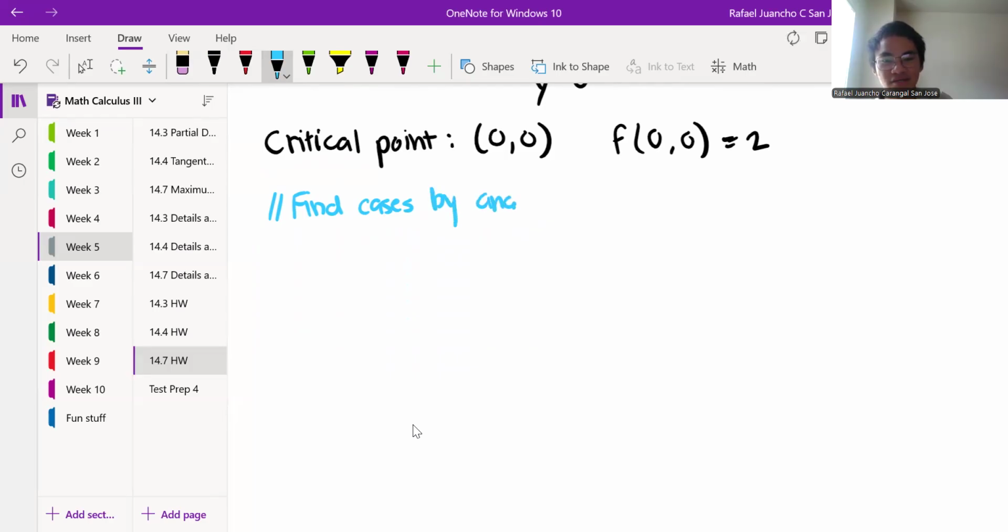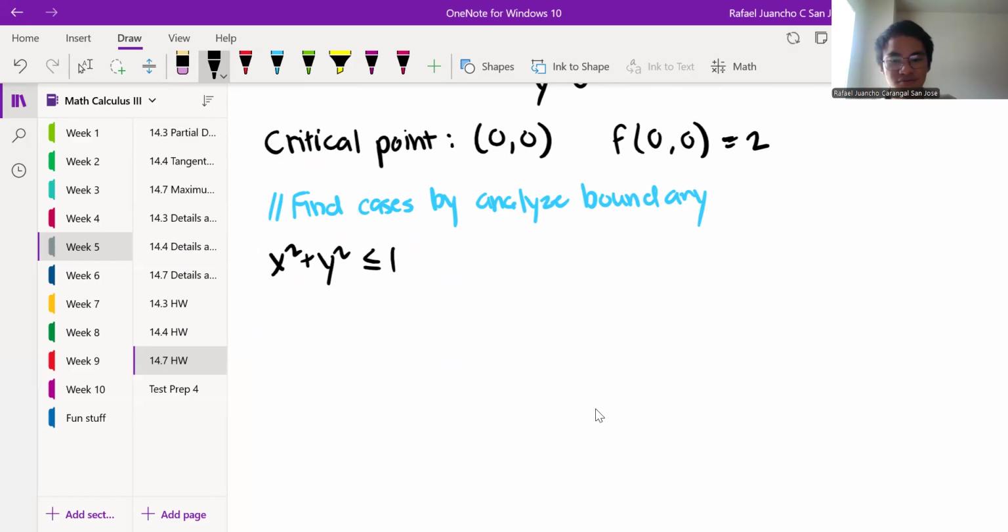Here, we're going to analyze the boundary, right? So the boundary is that x squared plus y squared is less than or equal to 1. Now, to analyze this, let's maybe look at the case where it's equal first, right? So if we look at the case where it's equal, then what do we see?